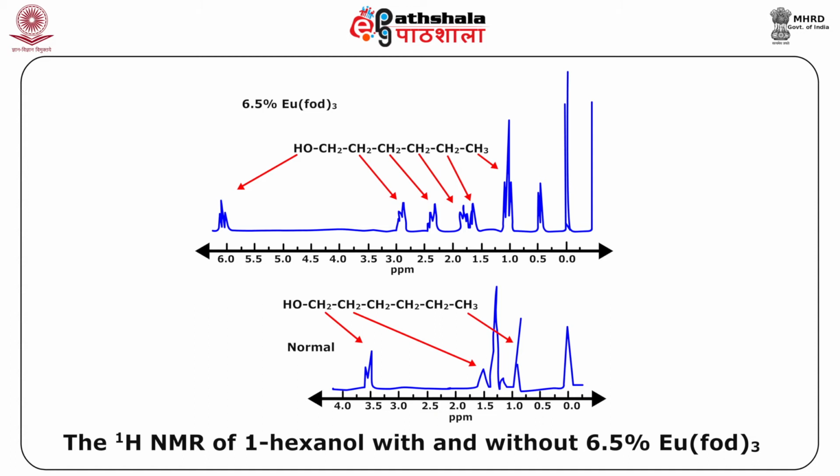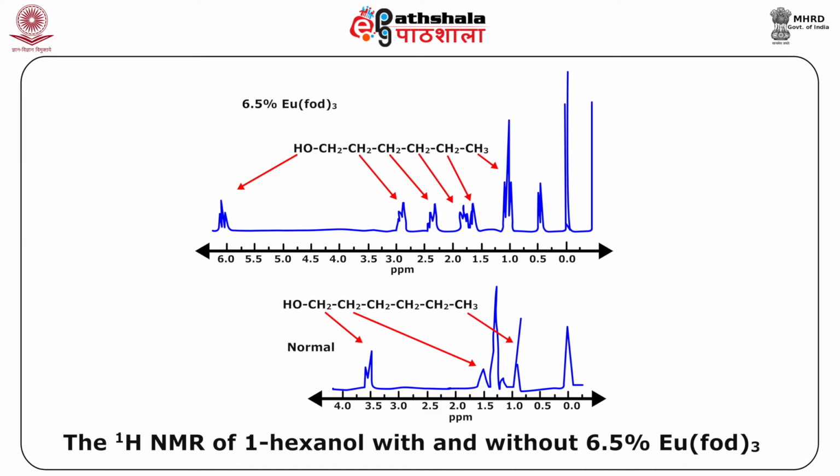Now the remaining methylene protons come as a broad and unresolved peak between 1.2 to 1.8 ppm of delta value. On adding the shift reagent, the signals due to the methylene protons which are closer to the hydroxyl group are shifted downfield, that is towards the left-hand side of the NMR spectrum, resulting in clearly observable signals.